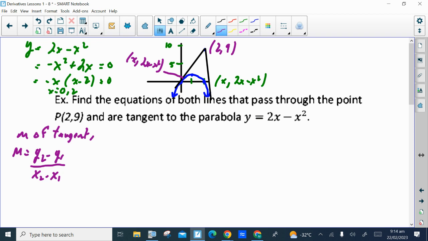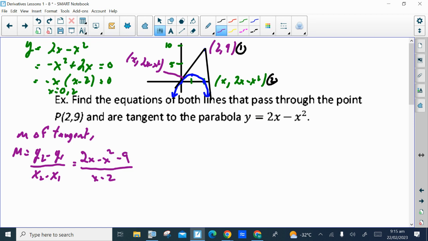If I say the point of tangency is point 2 and the point (2, 9) is point 1, I can write an expression for the slope of these tangent lines in terms of x. So y2 minus y1 would be 2x minus x squared minus 9, over x2 minus x1, which would be x minus 2.